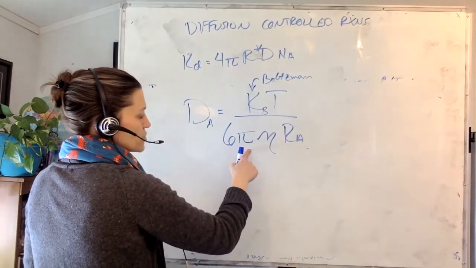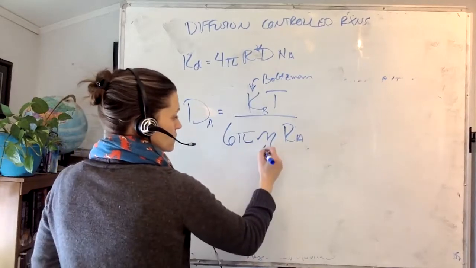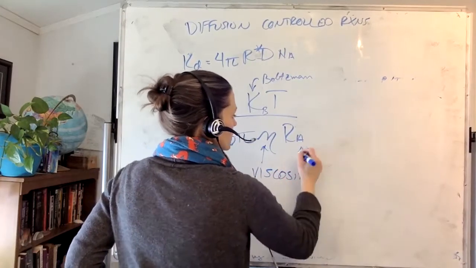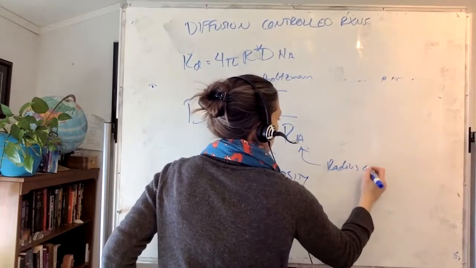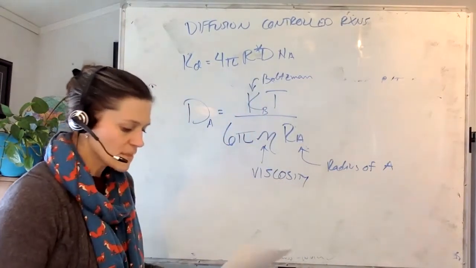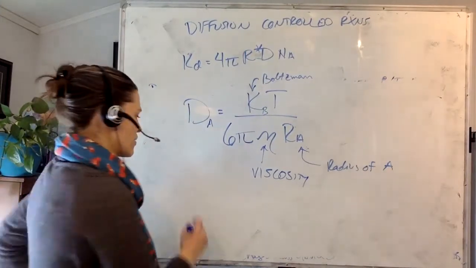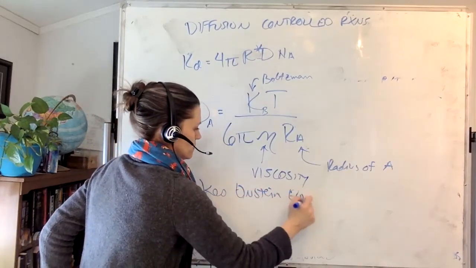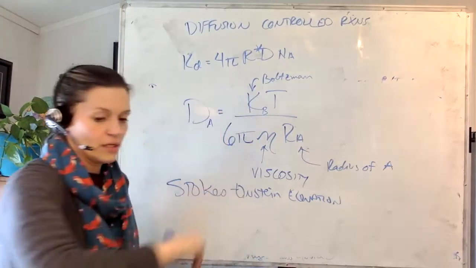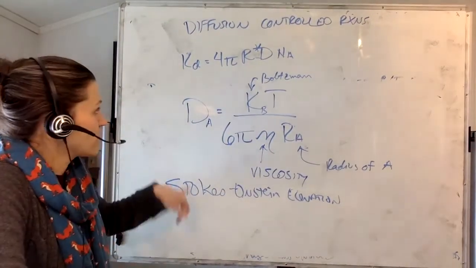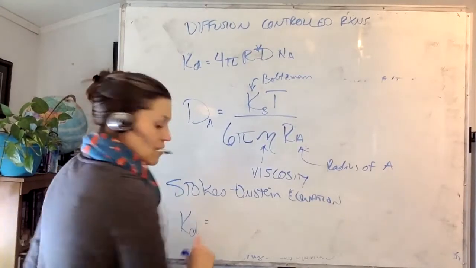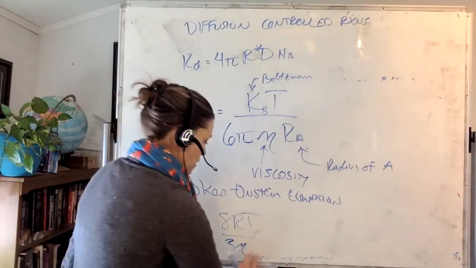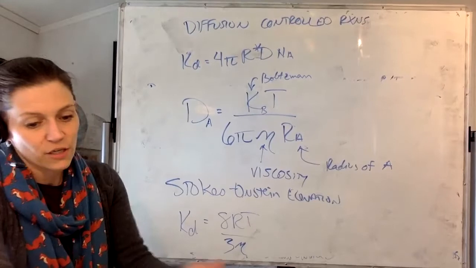The 6 pi takes into account the volume of the molecule that's diffusing, eta is the solvent viscosity, and R_A is the radius of A. Such that you can then relate the rate constant Kd to 8RT over, I think it's 3 eta, when you're incorporating solvent effects.